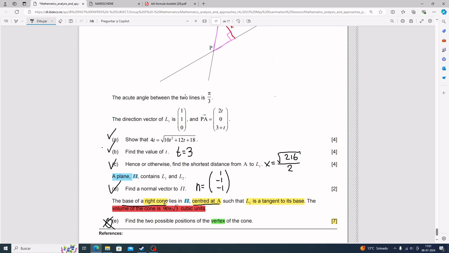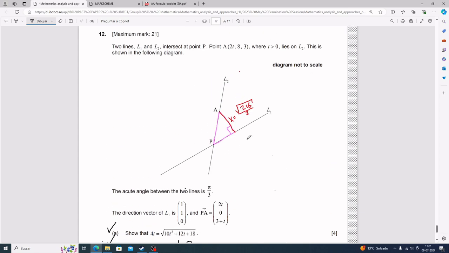Because the base of the right cone is centered at A and is tangent with L1, that means that your circle for your right cone goes something like this. Let me make it a little more centered, but it will look a little bit like that.